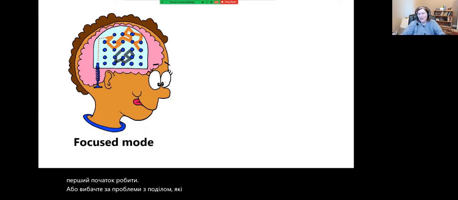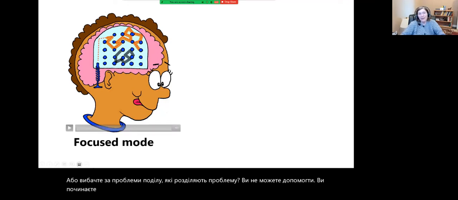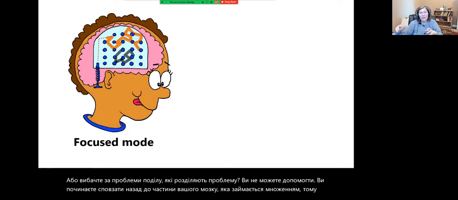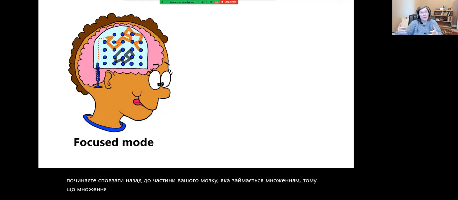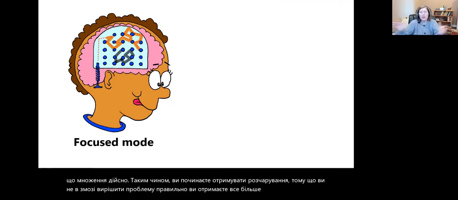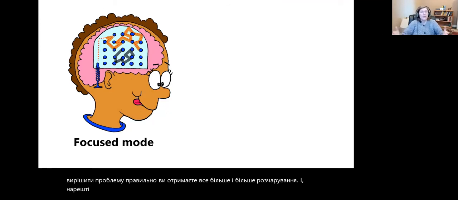You start slipping back to the part of your brain that deals with multiplication, because you know multiplication really well. So you start to get frustrated because you're not able to solve the problem correctly. And you get more and more frustrated. And finally, you just close the book and you walk away because you can't seem to solve the problem.